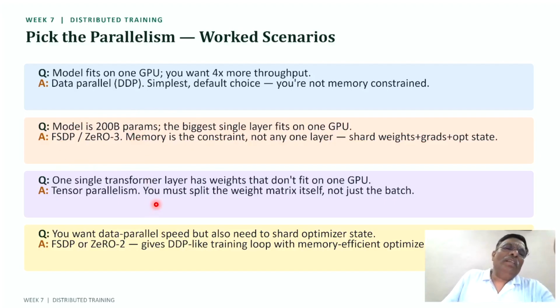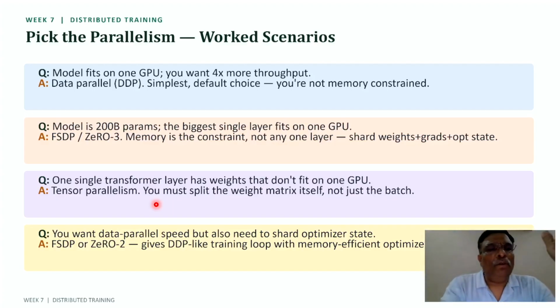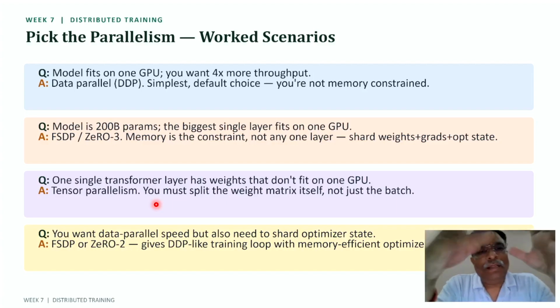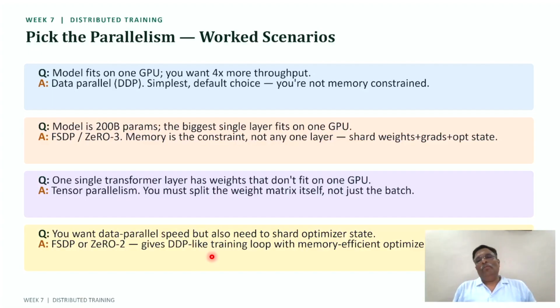If we work on a single transformer layer, and we know that all the weights of that transformer do not fit on one GPU, we go in for tensor parallelism. So we must split the weight matrix itself, not just the batch, right, and the model. And let us say we want data parallelism speed, but also need to shard optimizer state. So we can use FSDP or ZeRO-2, which gives us the DDP-like training loop and many memory efficient optimizer sharding techniques.